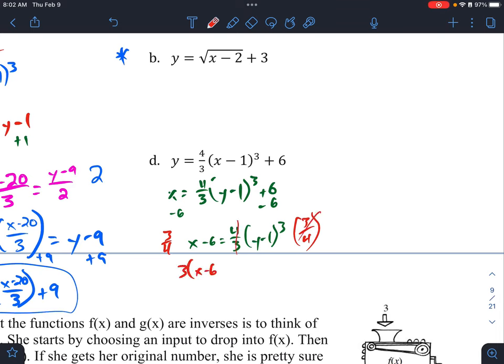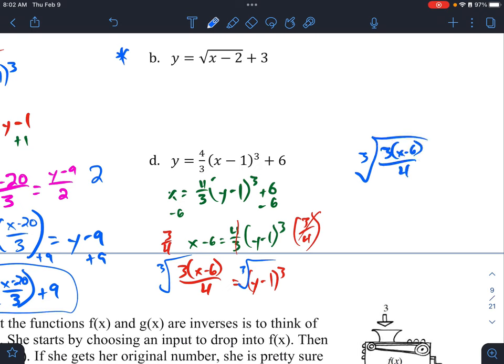We get 3x minus 6 over 4 equals y minus 1 cubed. Cube root both sides. We get the cube root of 3x minus 6 over 4 equals y minus 1, and then add 1. y equals the cube root of 3x minus 6 over 4 plus 1.